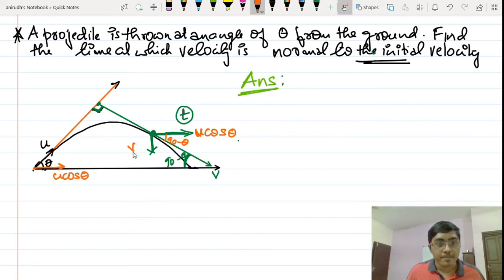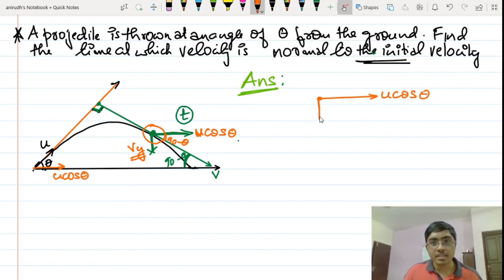Now this is the Vy, the component of the velocity in the y direction, the vertical direction. If I take up this particular part, my body is something like this. This is u cos theta. At this moment, this is the v along the y direction, and this is the net resultant velocity of the body, at 90 minus theta.